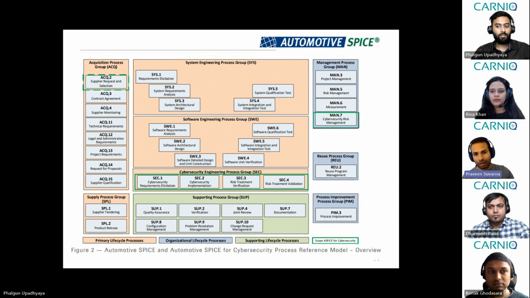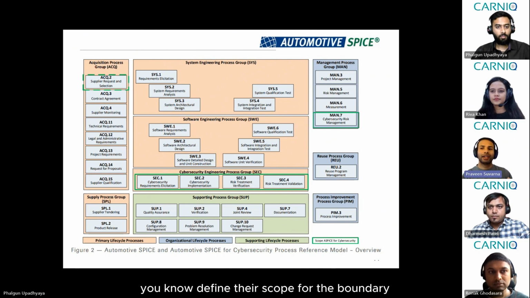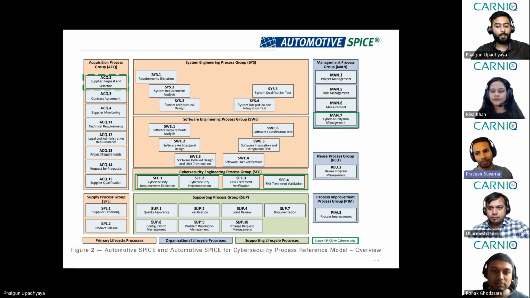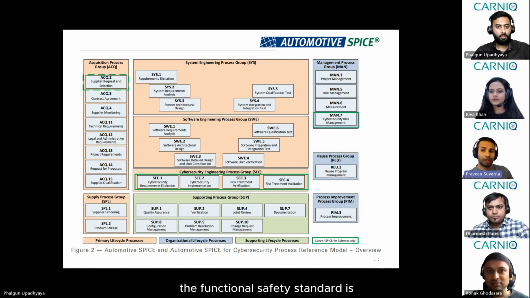Only the software part, not the system or the hardware if they don't do the hardware. So they have to define their scope or boundary. I don't know whether to call it a challenge or just how it is with standards. But looking at how descriptive the functional safety standard is, I'm expecting that ISO SAE 21434 will also be detailed out in the coming years. That's my feeling.